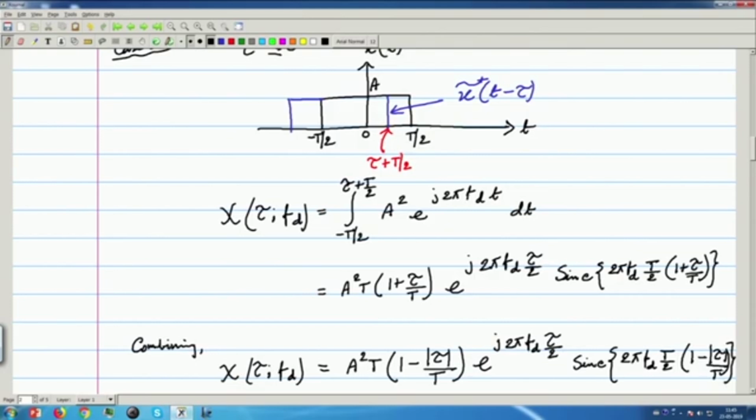So, this is quite an interesting result.